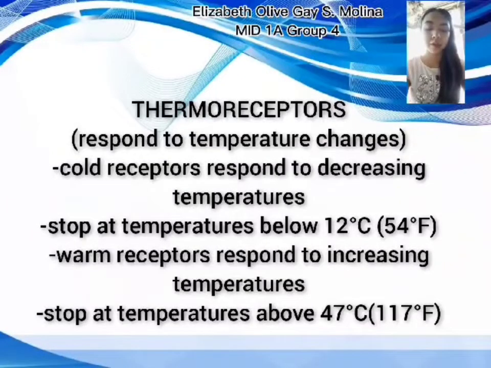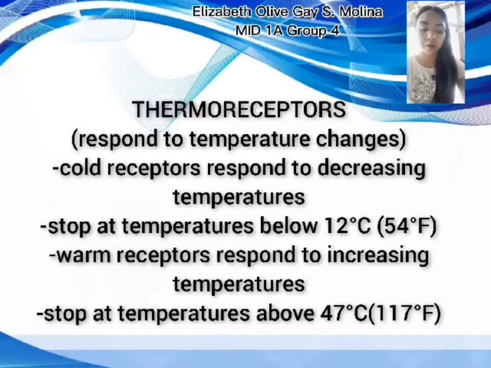Thermoreceptors. Thermoreceptors respond to temperature changes and determine the density of two types of receptors. Receptors for temperature are either cold or warm receptors. Cold receptors respond to decreasing temperatures but stop at temperatures below 12 degrees Celsius or 54 degrees Fahrenheit.